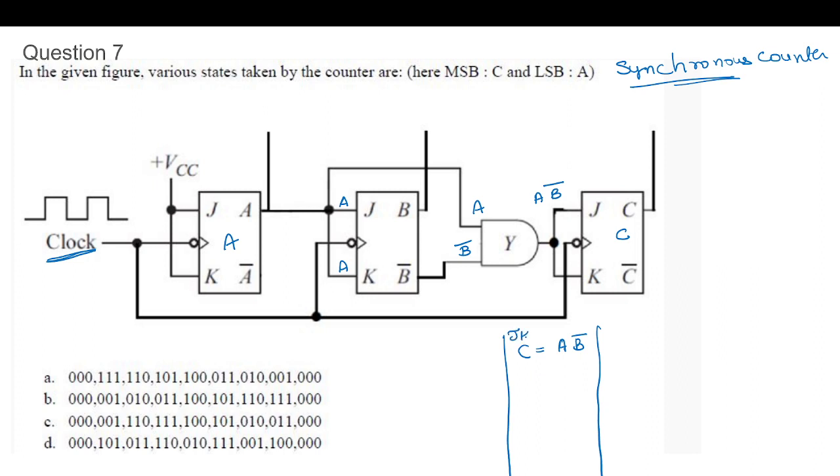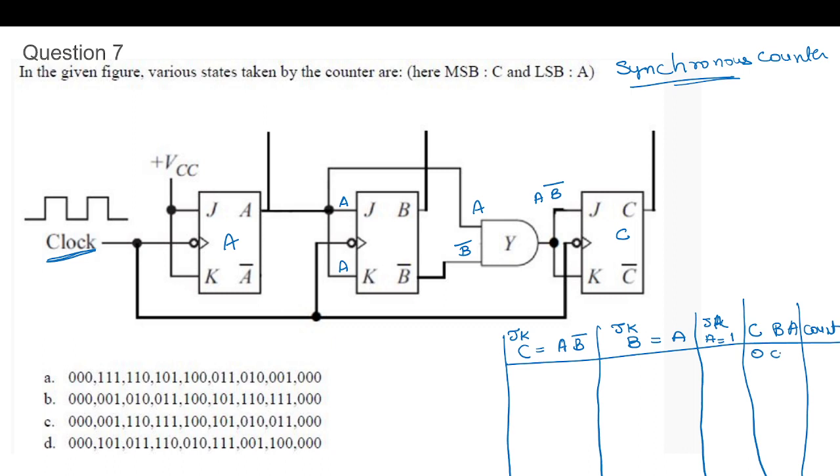For B, the J and K input is A, and for the A flip-flop, J and K is 1. With this, what will be the output? C, B, and A. And what is the respective count of it?